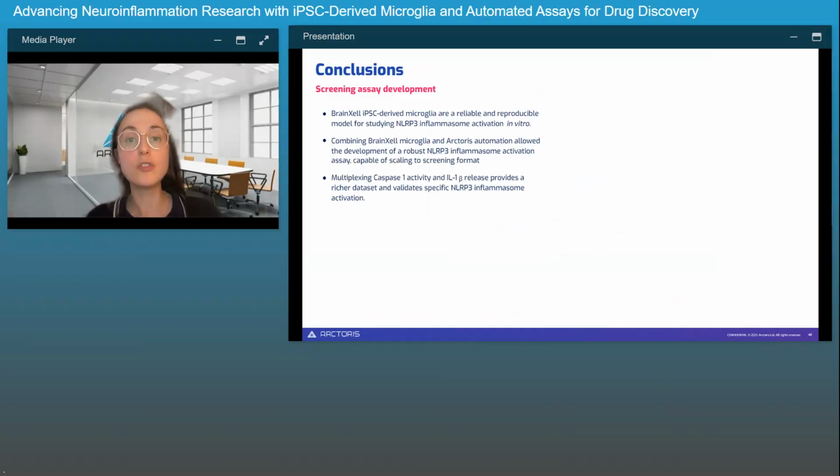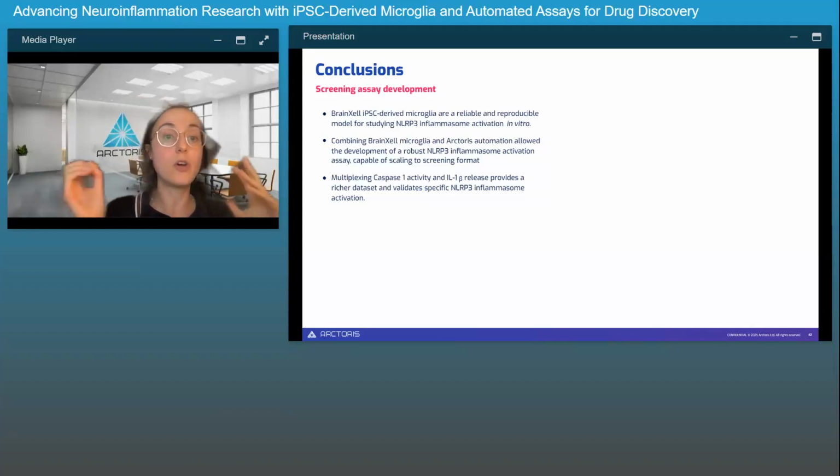Yeah, so conclusions. First of all, the iPSC-derived microglia from Brainxell are very robust. They are giving us a lot of reproducible results across different plates and experiments. They are a very good human model to be used in vitro and to study this inflammasome pathway.